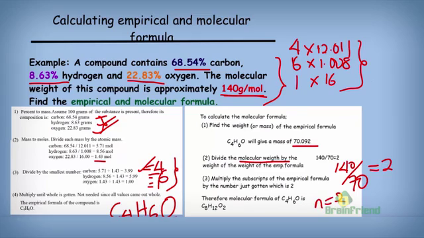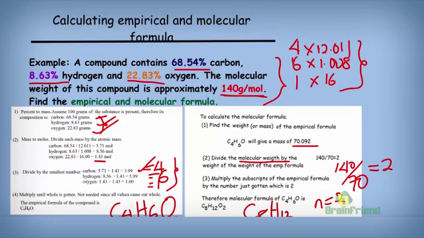Now we are to derive the molecular formula proper. What we need to do is to multiply this 2 by the numbers we have for the empirical formula. So we have C, 2 times 4, that's 8, so C8. 2 times 6, that is 12, so H12.